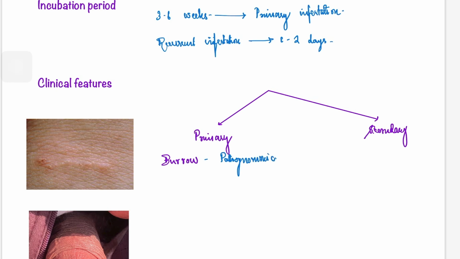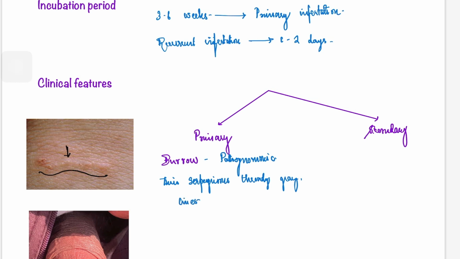If you see a burrow, most likely the infection is because of scabies. As you can see, it's serpentine. It's a thin gray line, a thin serpentine thready gray or skin colored line.